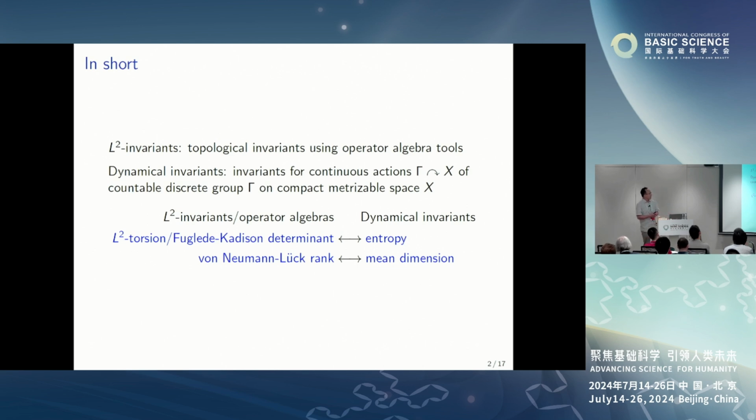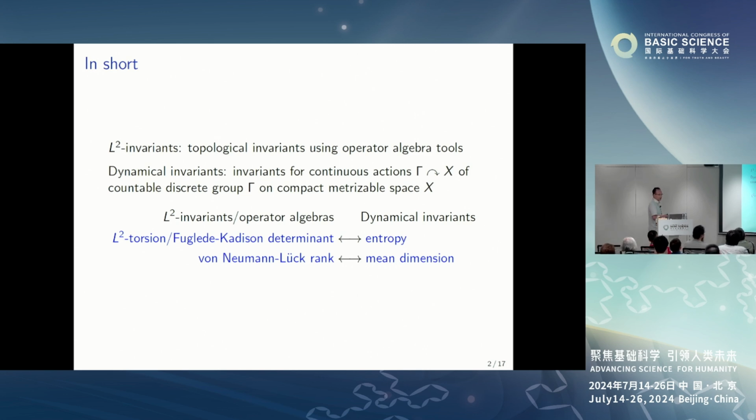The other side, for the dynamical invariants, well, dynamical systems have very different settings here. We'll just concentrate on the topological dynamical situation. Some of these results can also be put in the framework of measurable dynamical systems, measure-preserving actions. But here I will concentrate on topological dynamics.